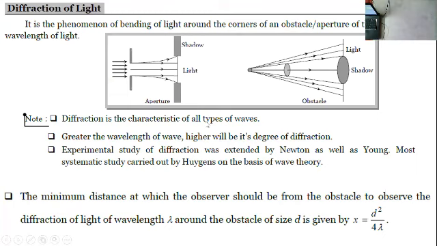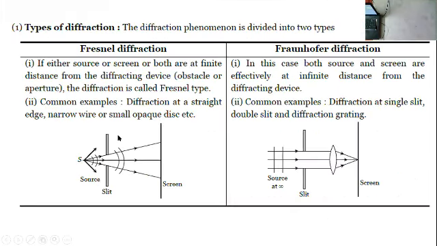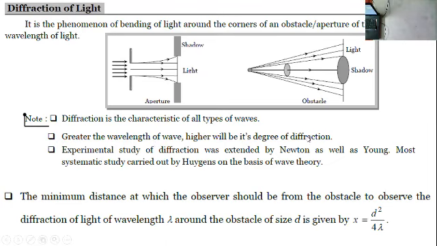Diffraction. Diffraction is a characteristic of all waves, whether it is a sound wave, a water wave, or a mechanical wave. All waves exhibit diffraction. The main point you should keep in mind: the greater the wavelength, the higher will be the degree of diffraction.